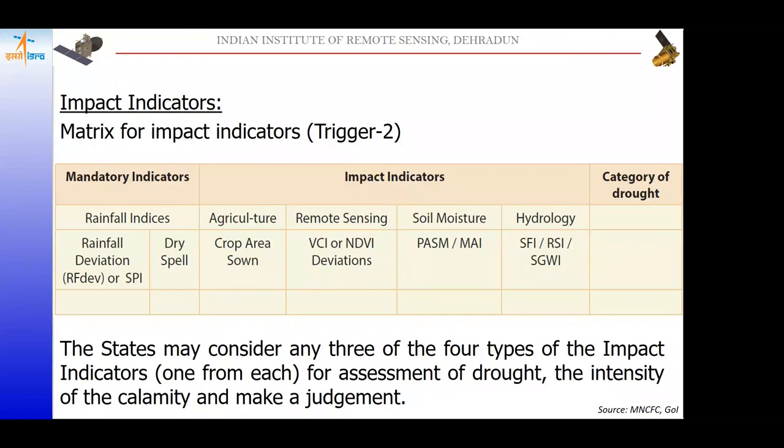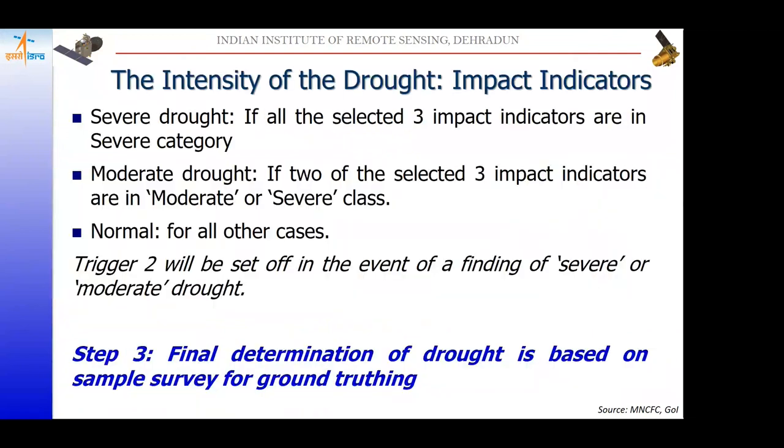So all sorts of indices ultimately define and classify the impact indicator and the drought situation. If the situation persists with the impact indicators, that is a situation of drought trigger 2 set off, and the next step is to define the intensity of drought using the information of the impact indicators.